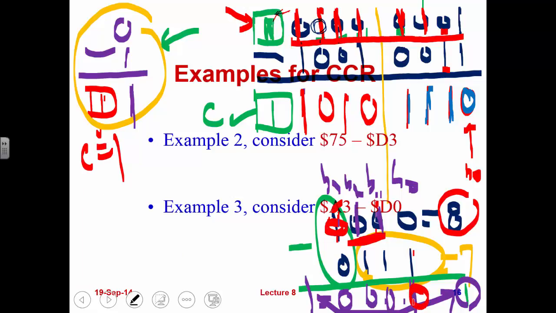If you write 0, then your result becomes 0 0 0 0. That's wrong. 0 0 0 0 is equal to 0 in decimal. 8 subtracted by 7 should be 1. So don't forget, the bit you're doing subtraction on now should be 1.